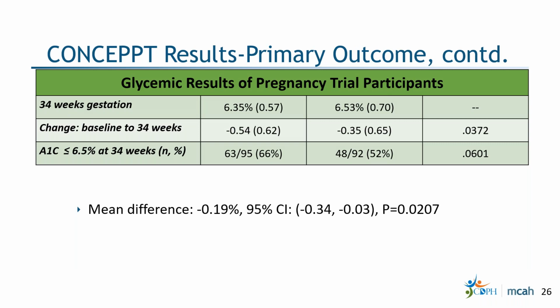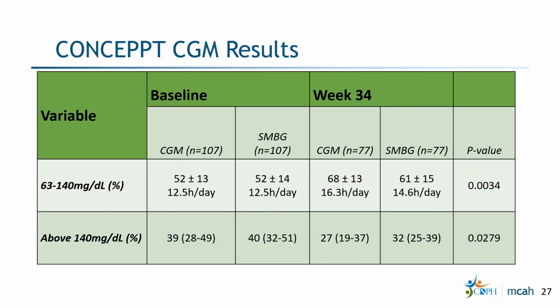Continuing on, at 34 weeks gestation, you can see the A1C results, and these were also statistically significant when comparing the A1Cs at 34 weeks from the CGM group to the SMBG group. And this was the primary outcome, so there was a difference found there. When looking at A1Cs under 6.5% at 34 weeks, there was a trend toward more in the CGM group, 66% versus 52%, although that in itself did not reach statistical significance.